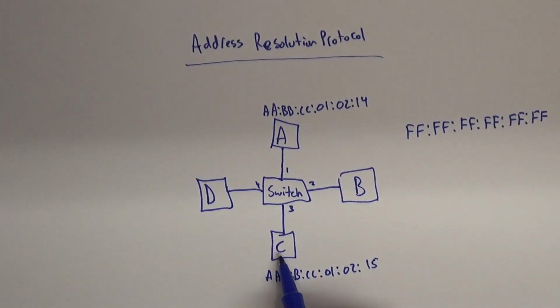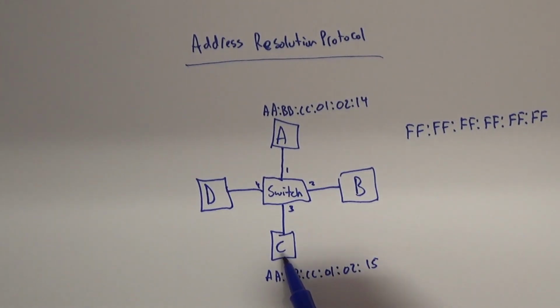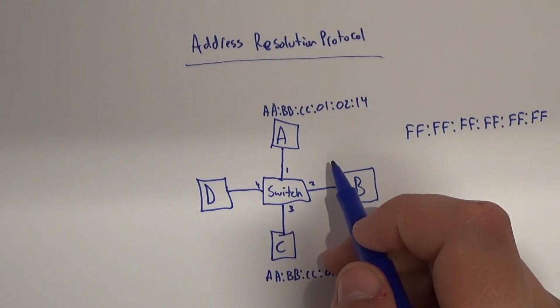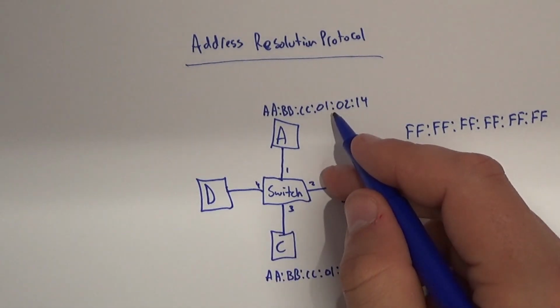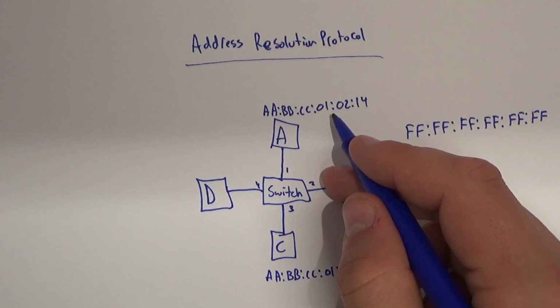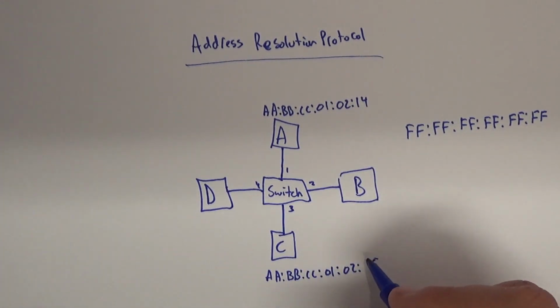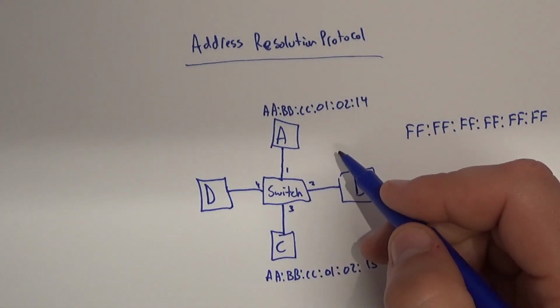C is also going to get it, see that broadcast MAC address, open it up and say, oh yes, I am computer C. And because A included their MAC address as the source MAC address, C can then create a frame responding to that ARP request and say, hey, I am C, here is my MAC address, and he can go ahead and put in computer A's MAC address as the destination.